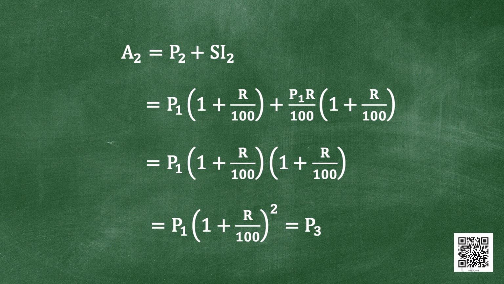So by taking this as common term, we have P1 times 1 plus R by 100 times, in the first term we are left out with 1 plus, in the second term we are left out with R by 100. So this is nothing but P1 times 1 plus R by 100 whole square.